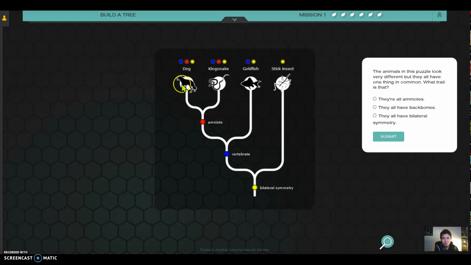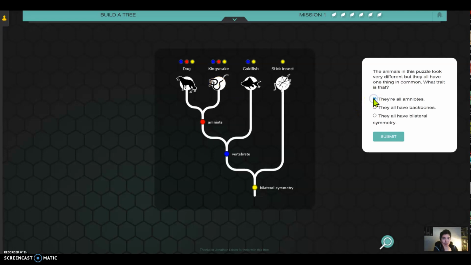A snake is more closely related to a dog, and this can be seen because their paths are closer to each other than they are to the goldfish. You can see they both have this connection, and they share three things, compared to a dog and a fish, which only share two things. So what is it that dogs and snakes share?